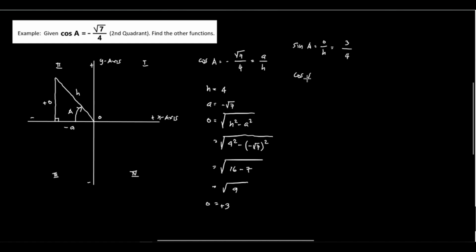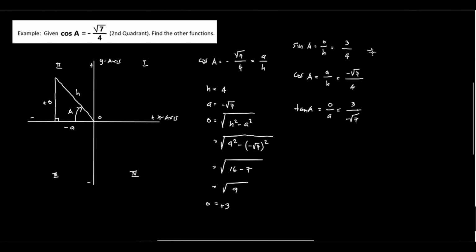Next, cosine A is adjacent over hypotenuse, and A is negative square root of 7, divided by h, that's 4. Next, tangent A, it is opposite over adjacent, so O is positive 3, and A is square root of 7.